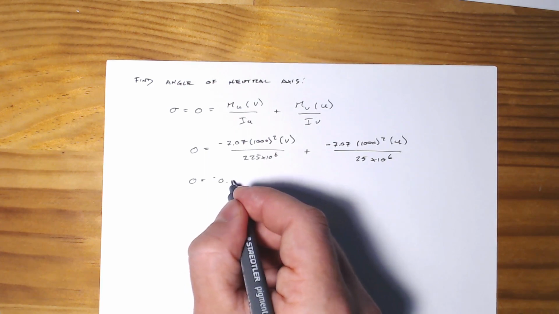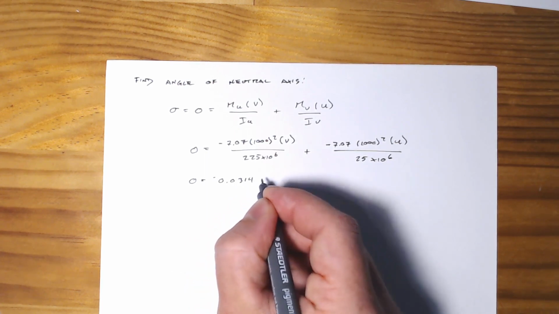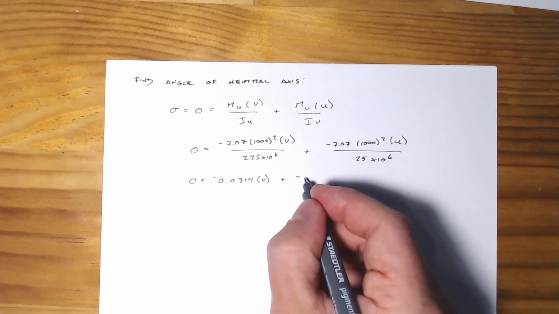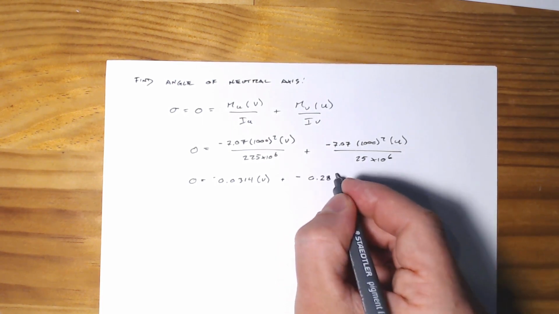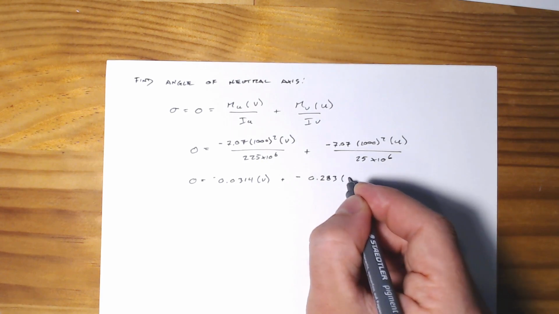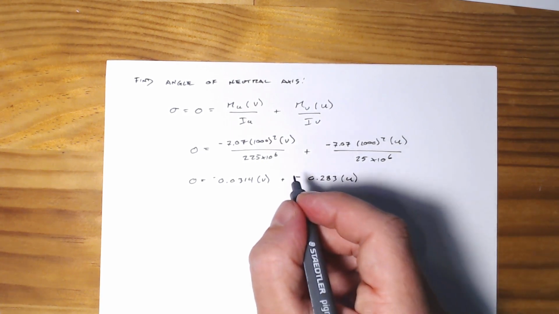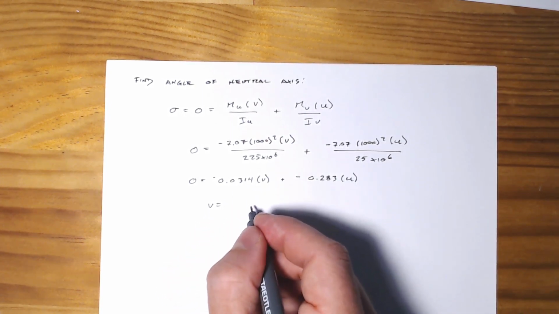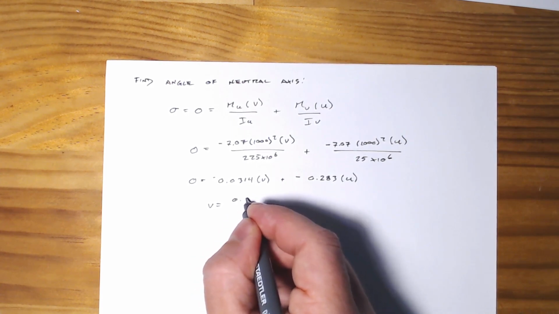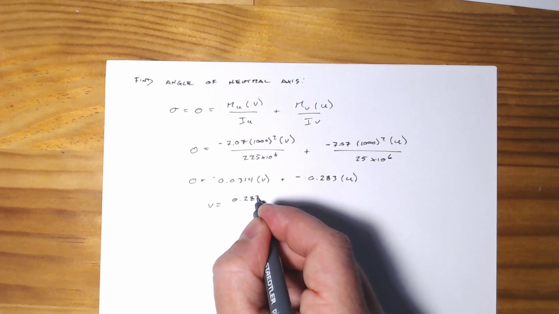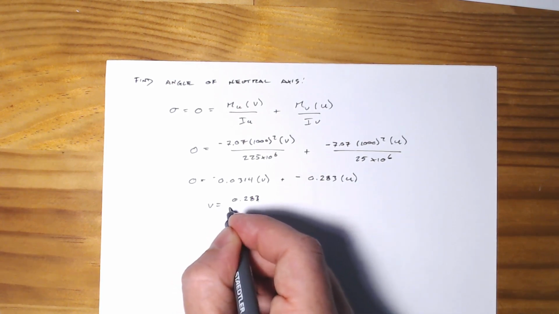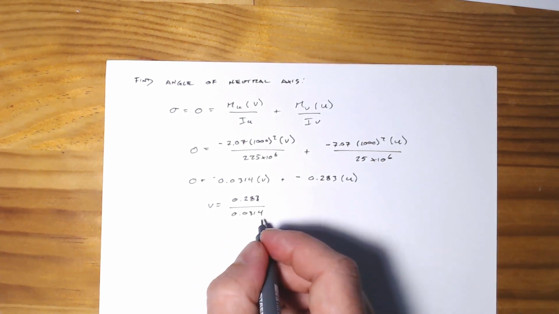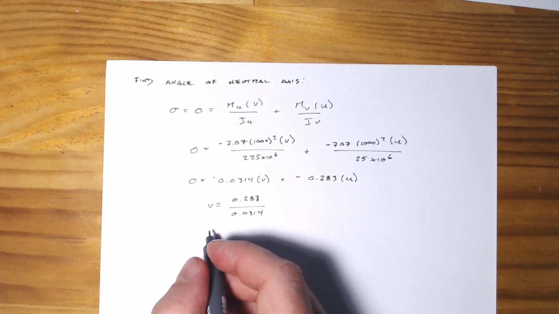If we simplify this, then what we end up with is 0 equals negative 0.0314 v plus negative 0.283 u. Then if we do a little bit of rearranging, v equals 0.283 over 0.0314 times u.